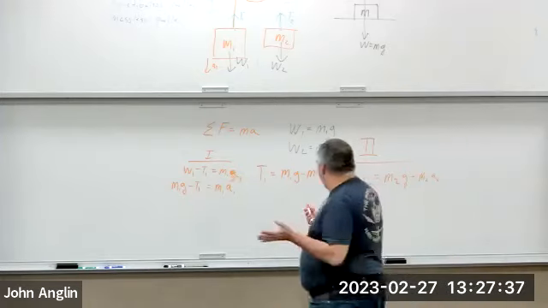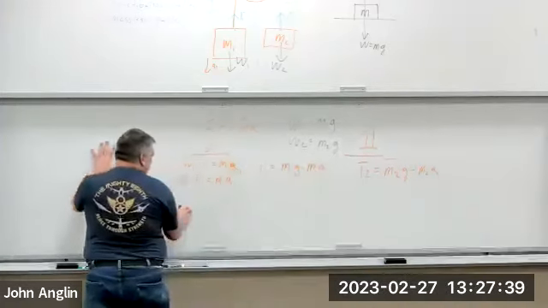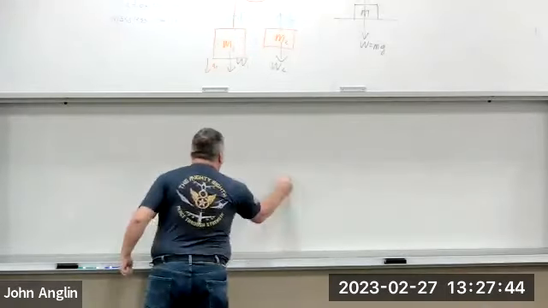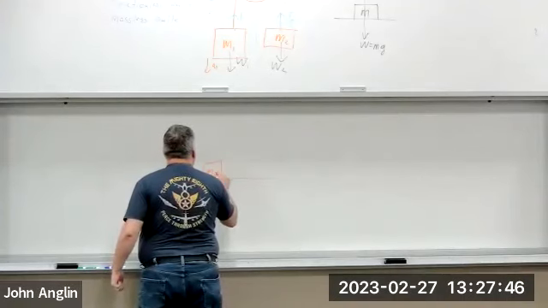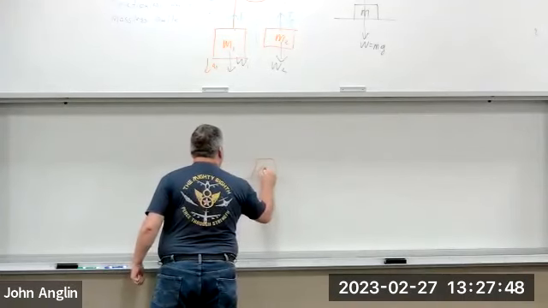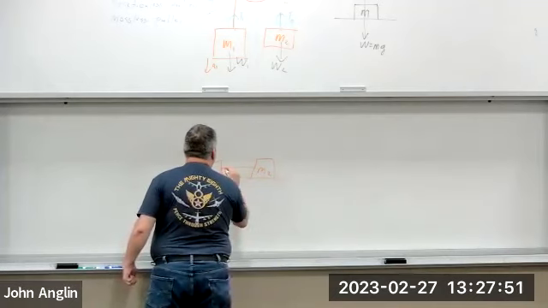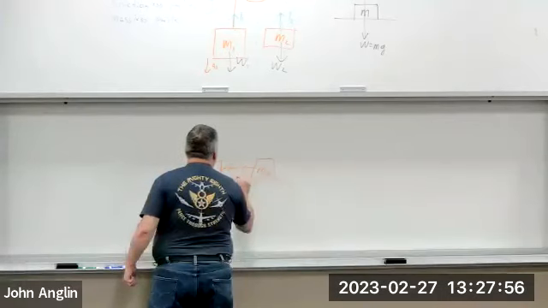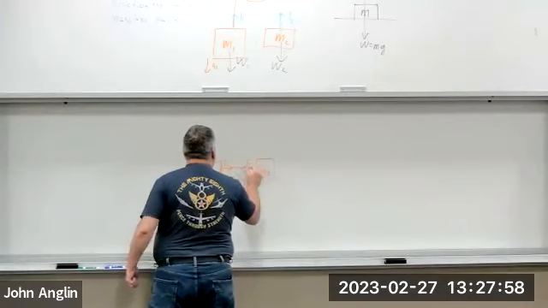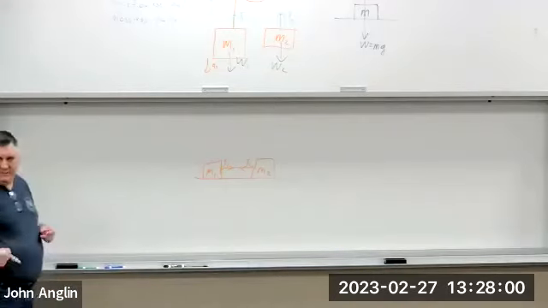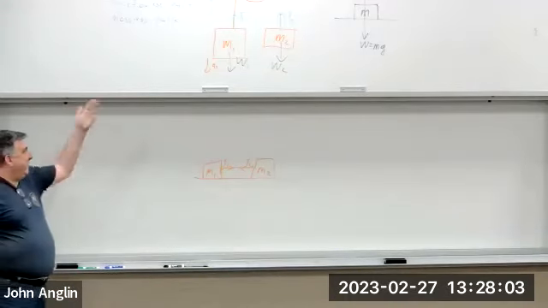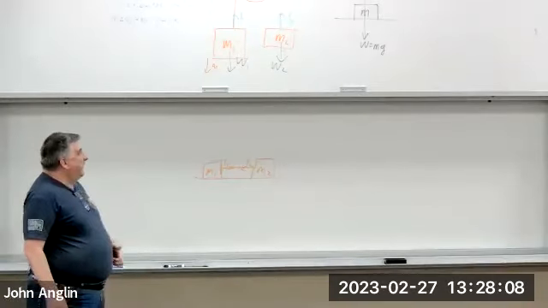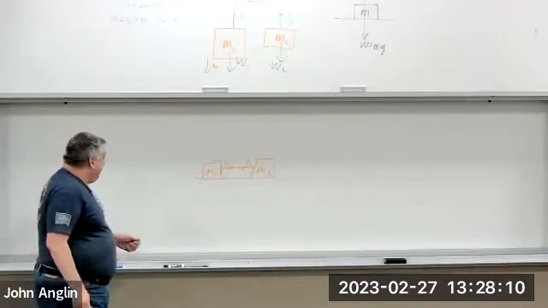We could easily duplicate the system on both sides here. We could easily make the system look like this, right? Since we don't really care about the pulley. We don't really care about rotational inertia, anything like that.